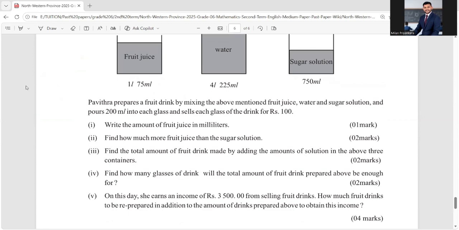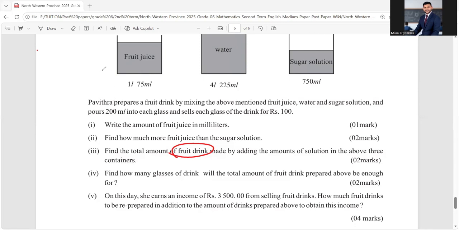On this third part, find the total amount of fruit drink made by adding the amounts of solution in the above 3 containers. That means you add all these things and make the fruit drink, and you need to know the amount of fruit drink.